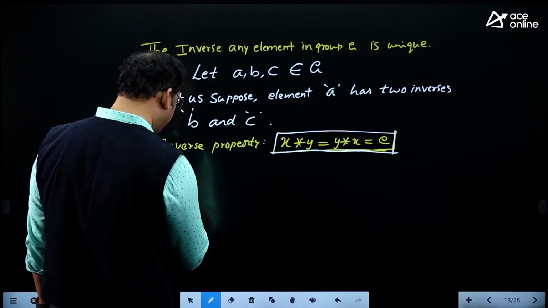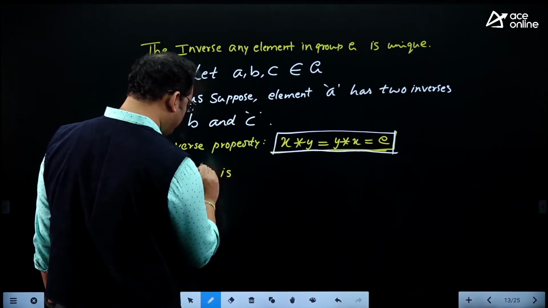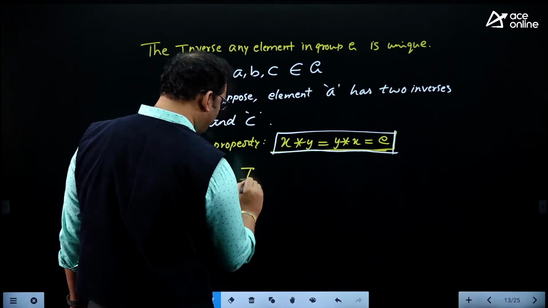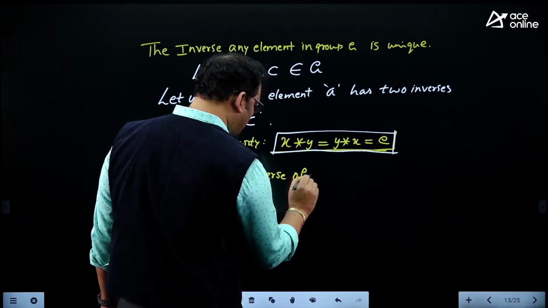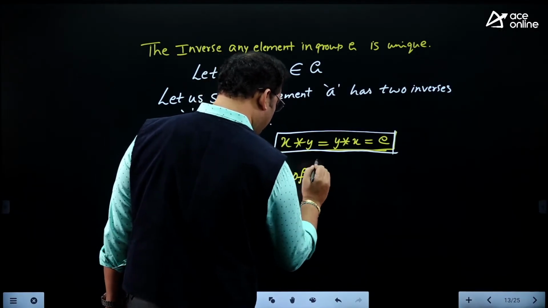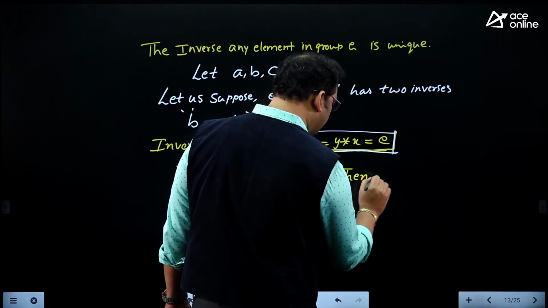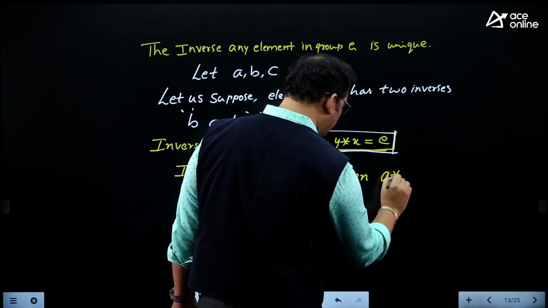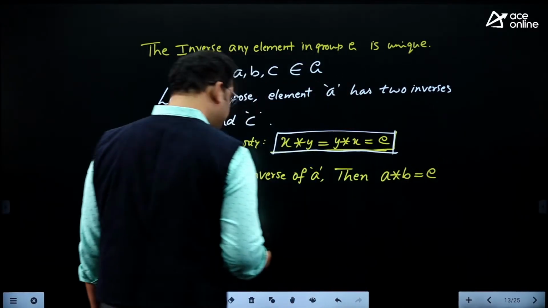If B is the inverse of A, then it has to satisfy the condition that A star B must be equal to identity.